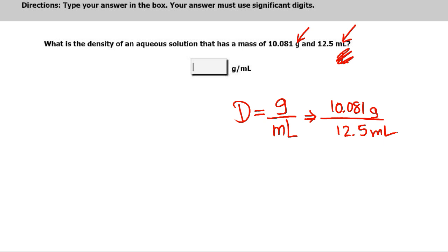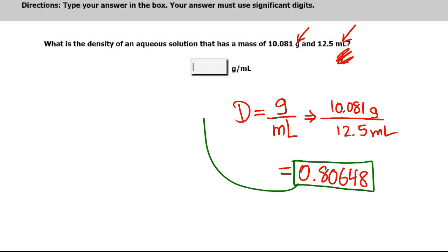So I'm putting into my calculator 10.081 divided by 12.5 gives me a string of numbers that is 0.80648. You're going to be tempted to just calculator dump that number into that box.